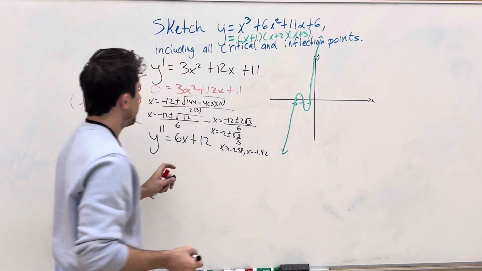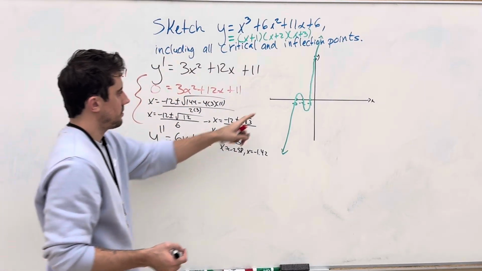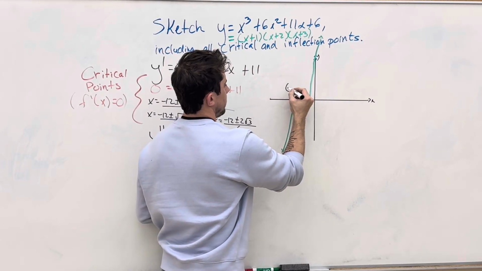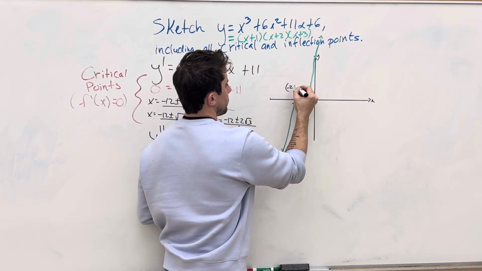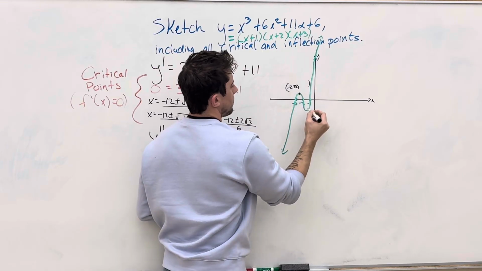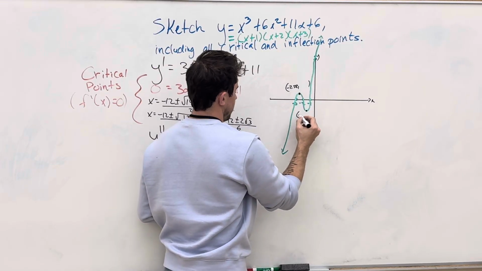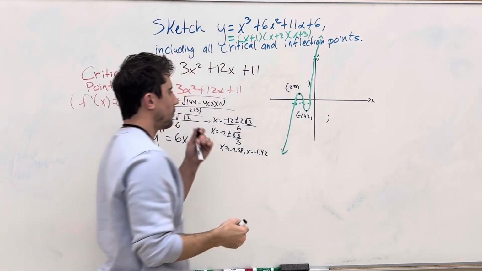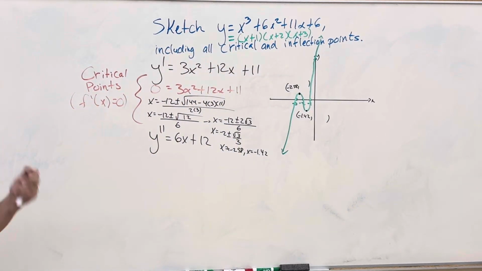And so those 2 points are, this is at roughly -2.58, and this one is roughly at -1.42. Now, we don't know the y-coordinates of those points yet, right?